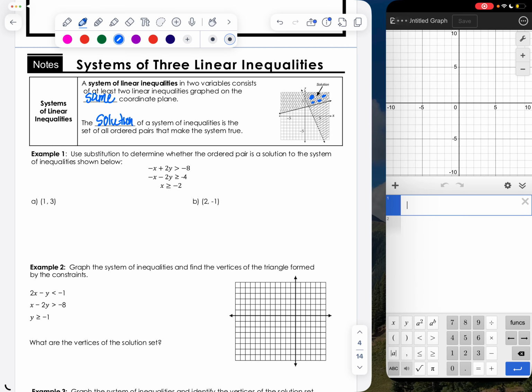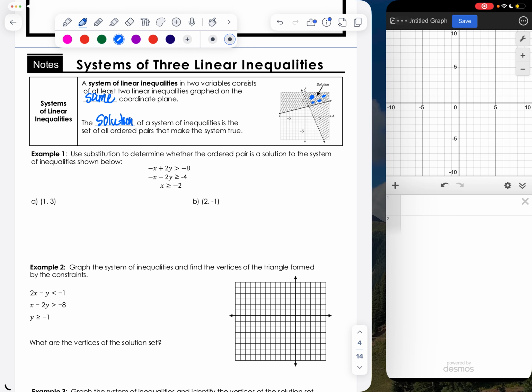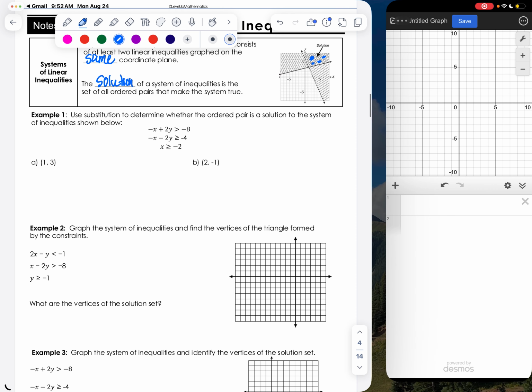So in this particular picture, the solution set is this commonly shaded area, and every ordered pair within that commonly shaded area is said to be a solution. All right. In example 1, it says use substitution to determine whether the ordered pair is a solution to the system.